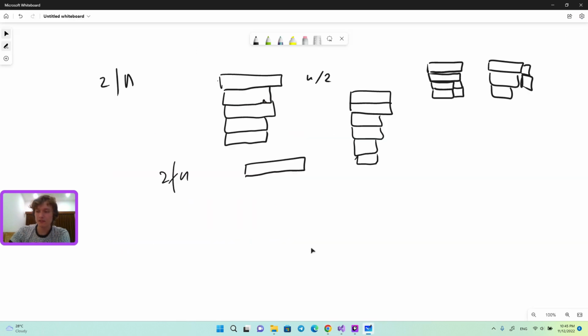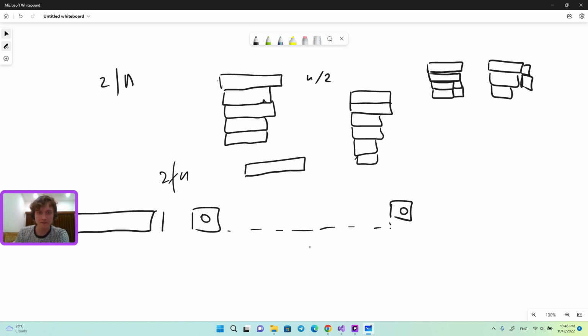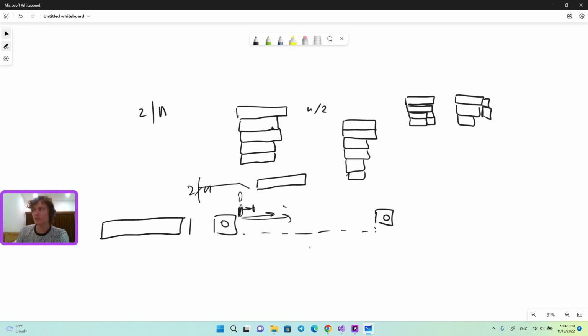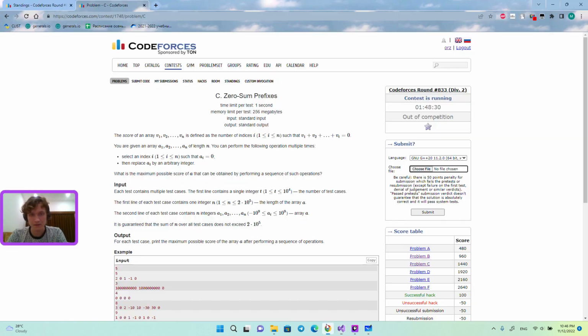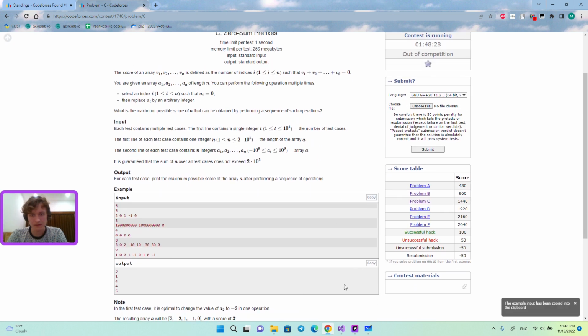So let's look at two zeros. What do we have between these two zeros? We have some sums actually. So this is a sum zero, this is some sum, this is some sum, and we want to find as many equal sums as possible. So again, a very easy problem.